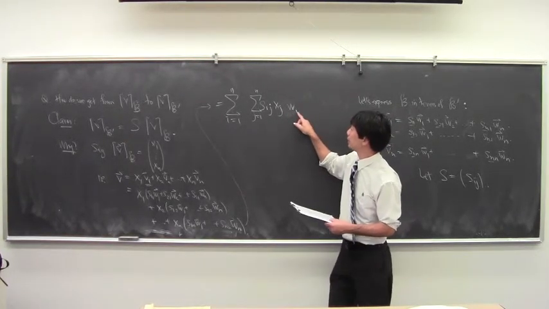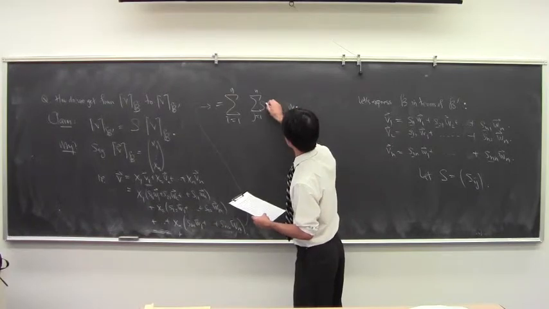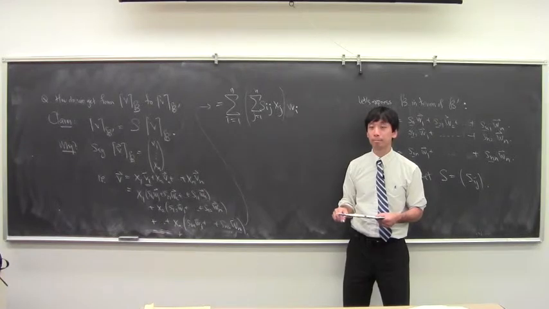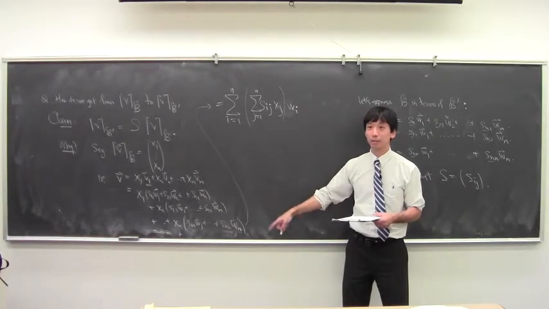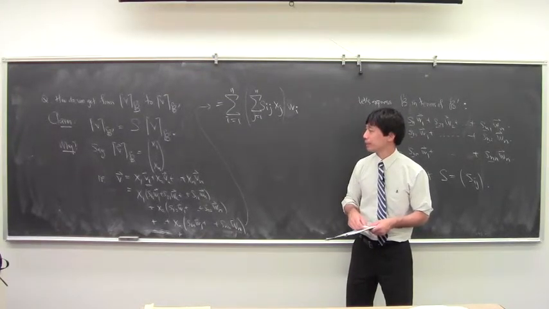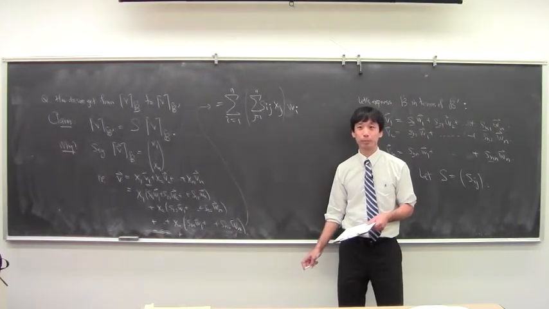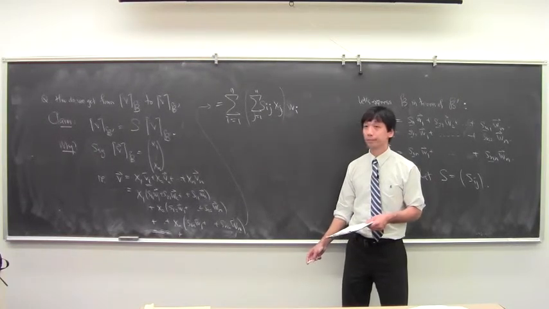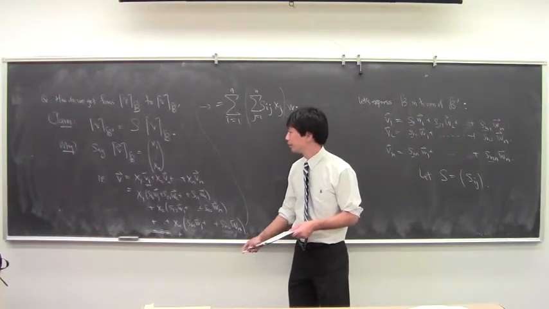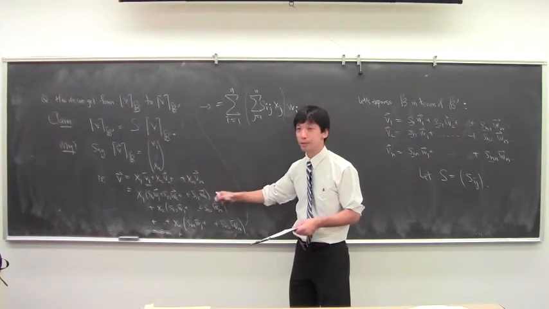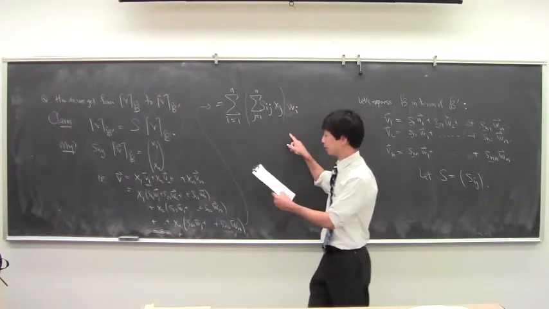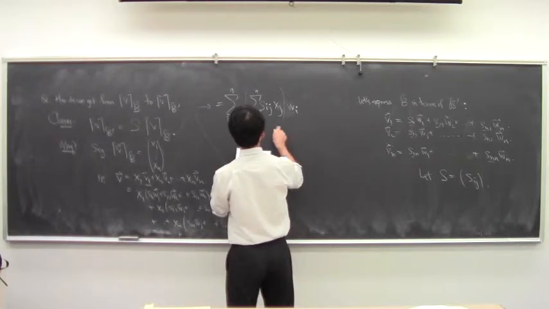So that's W1, and then for W_i in general, I'm just going to have an i here. All I'm doing is counting. I'm just rewriting. Basically, nothing has happened. I've used distributivity.